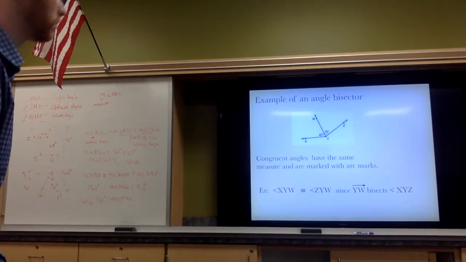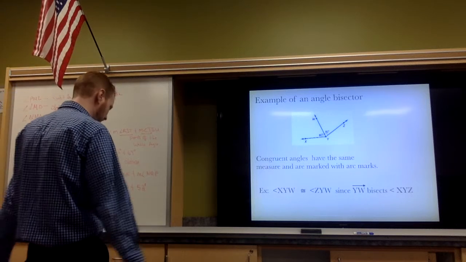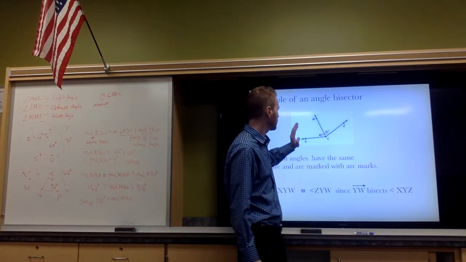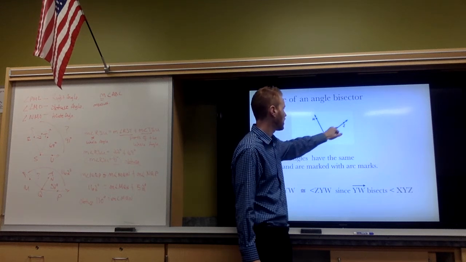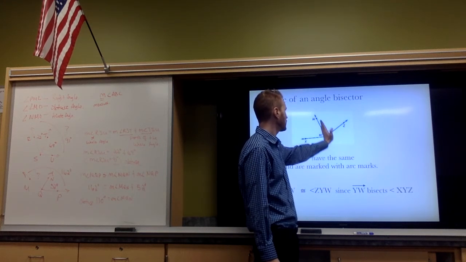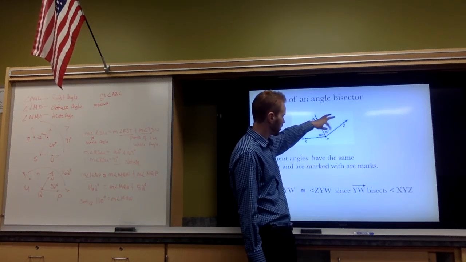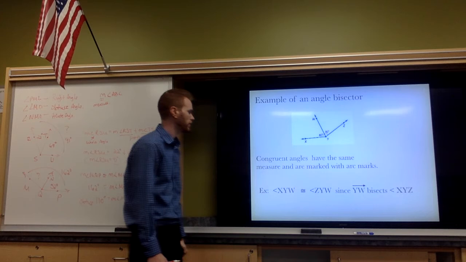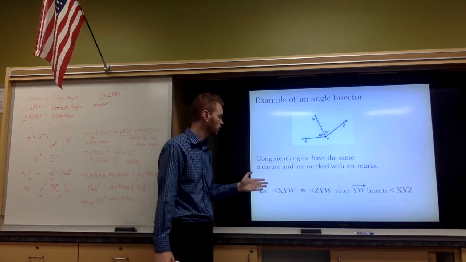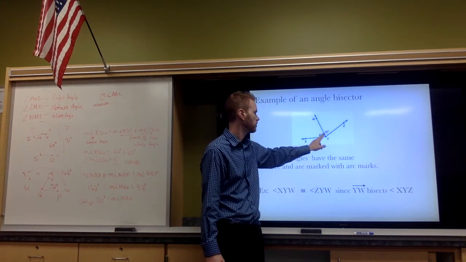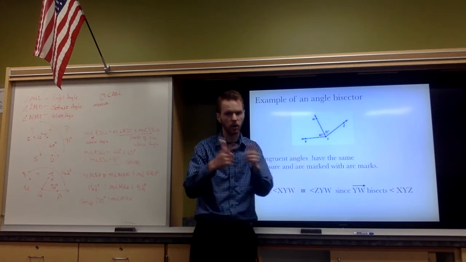Okay? So, here's an example of an angle bisector. So here's my entire angle, x, y, z. YW is the ray. It's going to cut it in half. Then we have 80 degrees and 80 degrees. Okay? Now, if angles are congruent, they're going to be measured with arcs, congruent arcs. See how this angle and this angle both have an arc inside of it?